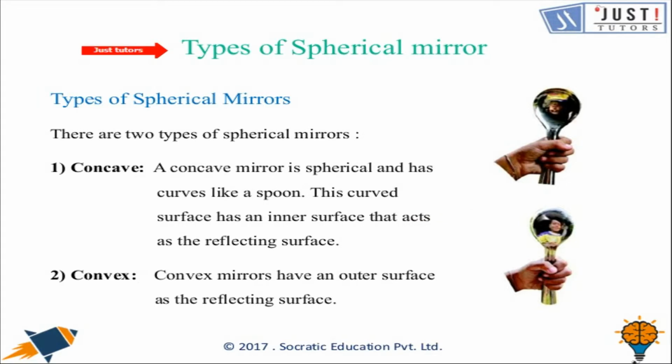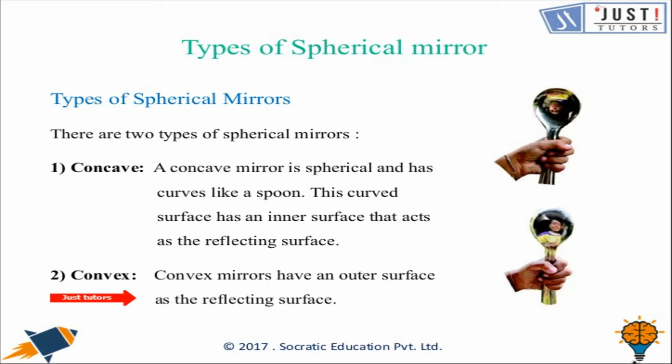Now again, there are types of spherical mirrors. In general, we have just two types of spherical mirrors. The first one is a concave mirror. The second one is called a convex mirror. Both of them are in the shape of a spoon. A concave mirror has the inner surface which acts as a reflecting surface.